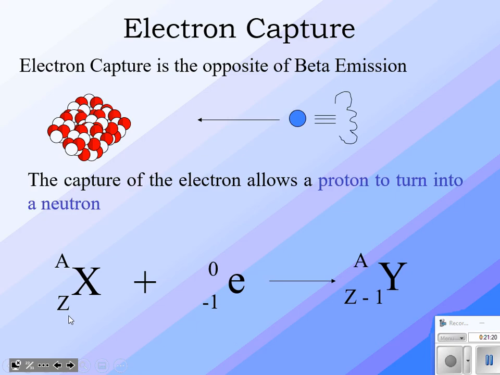That Z right there, we're going to capture that electron, so that proton's going to be changed into a neutron, so my Z is going to decrease by 1. So when I am writing my electron capture, I write it as so. So go ahead and copy this into your notes.